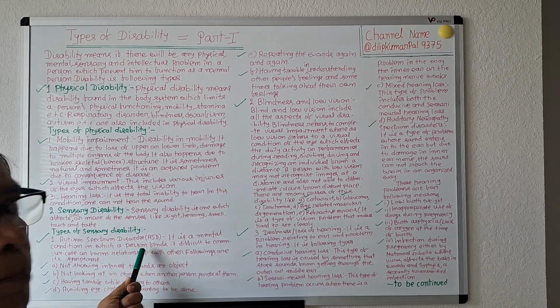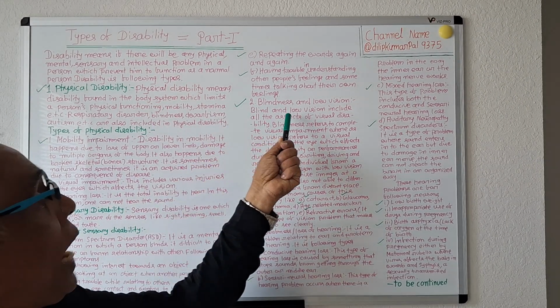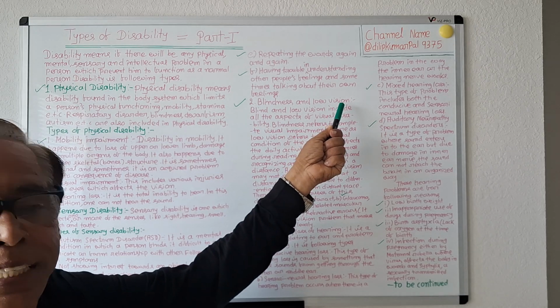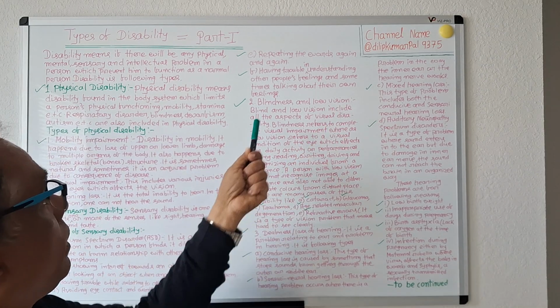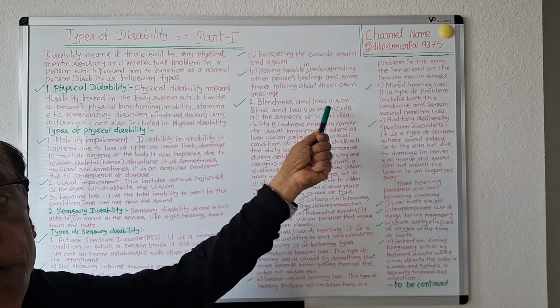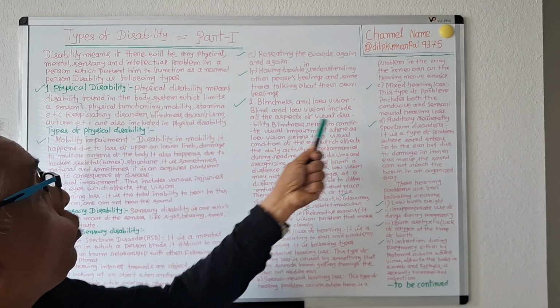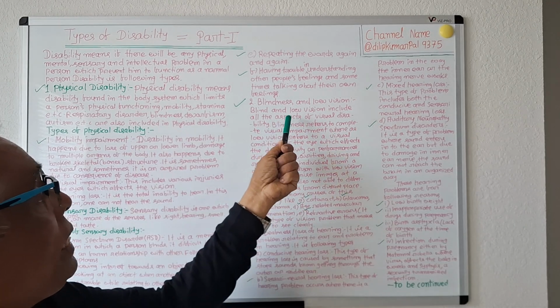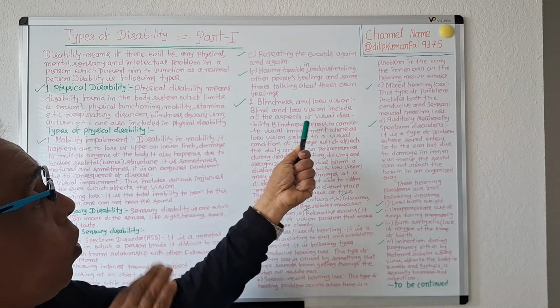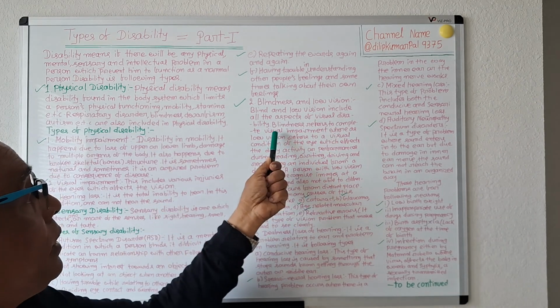Autism spectrum disorder. Then the second one is blindness or low vision. It is another type of sensory disability. Blindness and low vision include all aspects of visual disability.